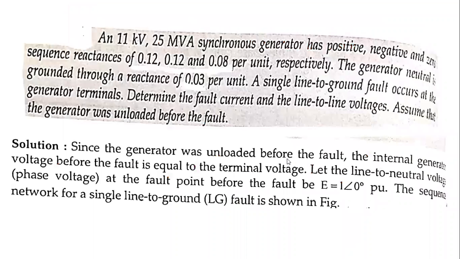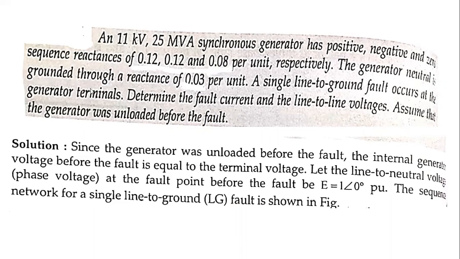First coming to the first problem: an 11 kilovolt, 25 MVA synchronous generator has positive, negative and zero sequence reactances of X1, X2 and X0 per unit respectively. The generator neutral is grounded through a reactance of 0.03 per unit.